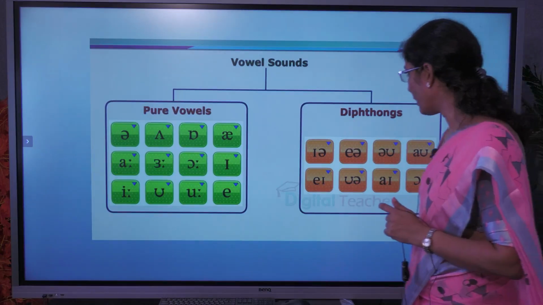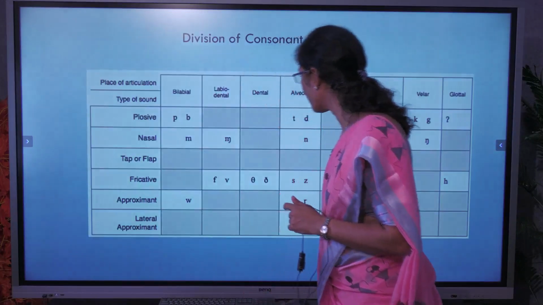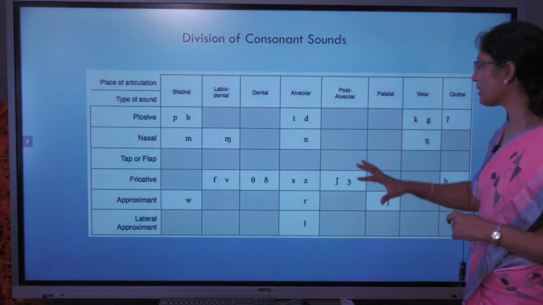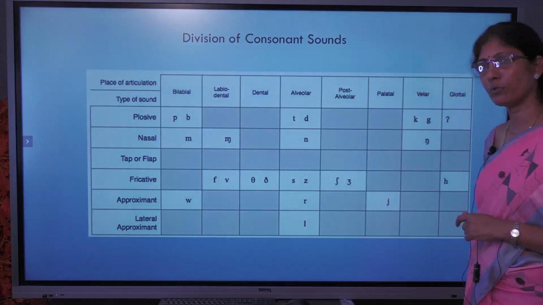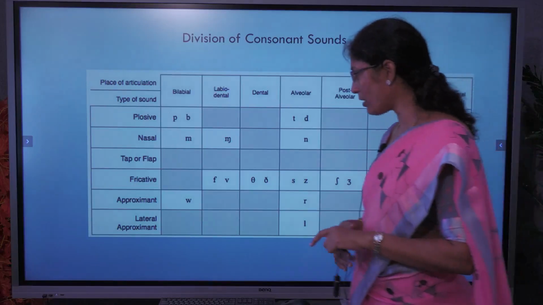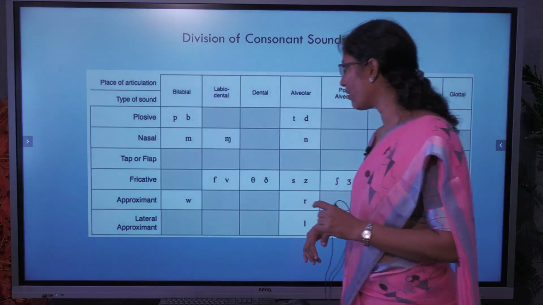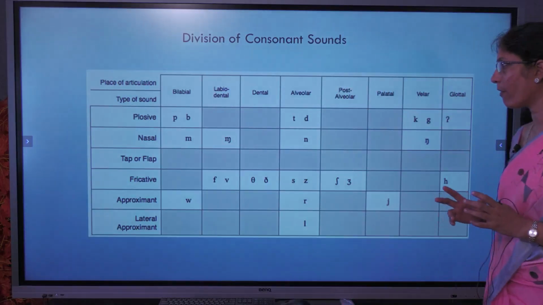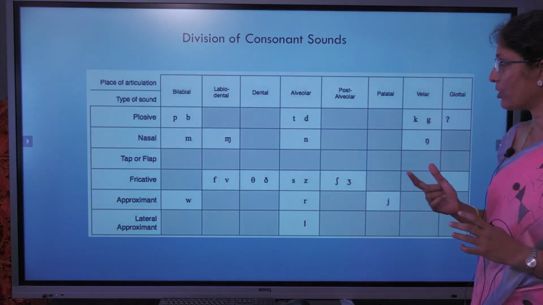Okay, right. Next, let us go to the next. Now this is how consonant sounds are divided. So here consonant sounds are divided on the basis of place of articulation.